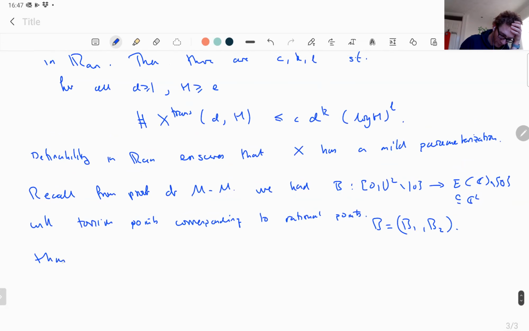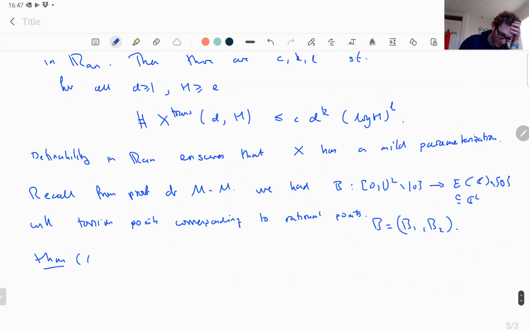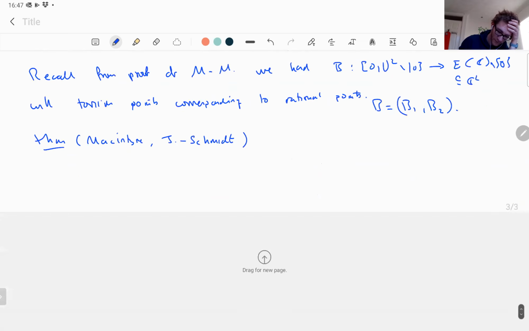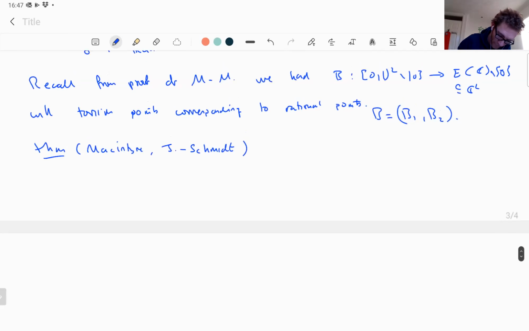So then we need a theorem telling us that the other condition here holds, right? We've got definability in R_an automatically. So this is due to McIntyre. And then it was developed by me and Harry. So if I take gamma to be the graph of B1, then that is existentially definable in R_Pfaff.